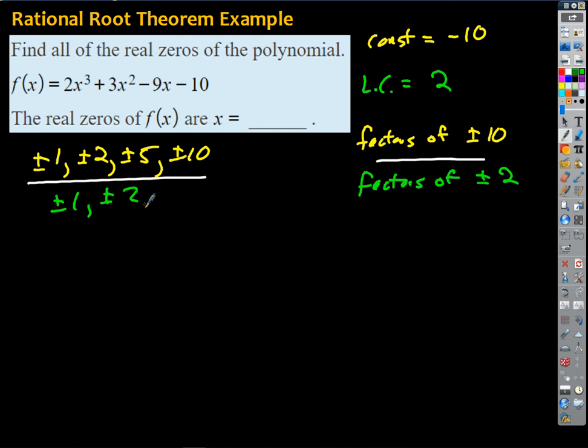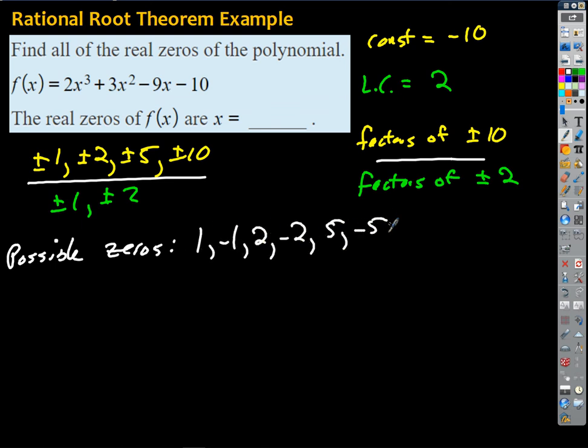So the list is pretty big. If I take my denominators to be 1, then we'd end up with the list being plus or minus 1. Now let's write it all out. Possible zeros: 1, minus 1, 2, minus 2, 5, minus 5, 10, minus 10.